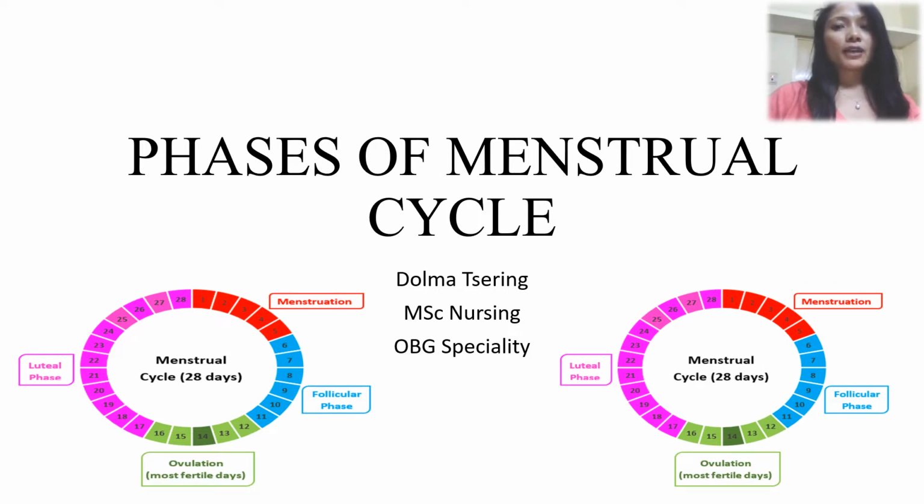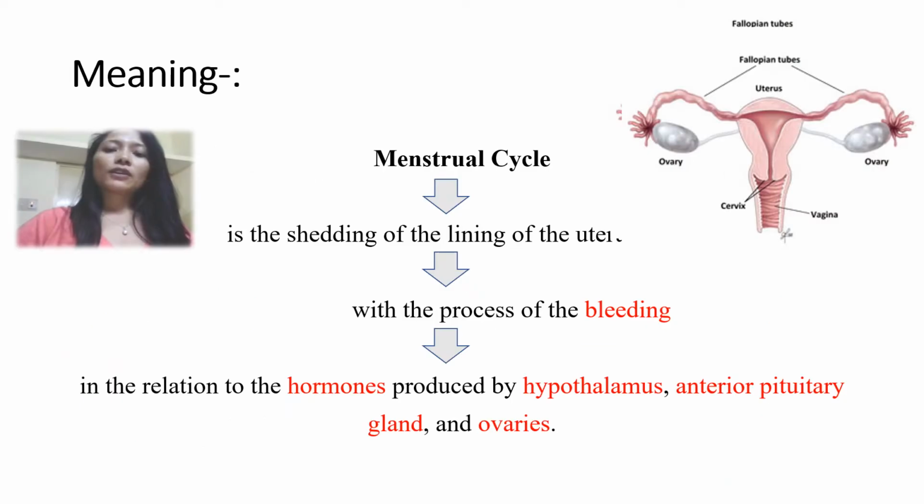Before going to the next slide, I would like to review the meaning of the menstrual cycle. So what is a menstrual cycle? As I mentioned in the previous video, you can see the picture, right? There is a lining of the uterus here. This uterus lining will shed down, and the lower part is the vagina, and there is a cervix.